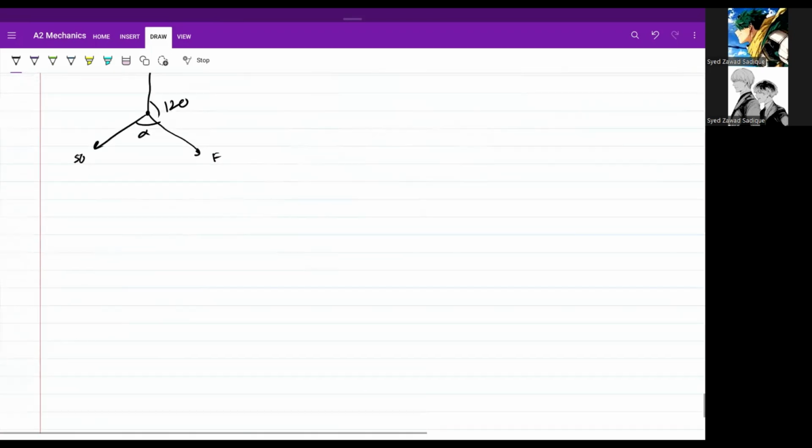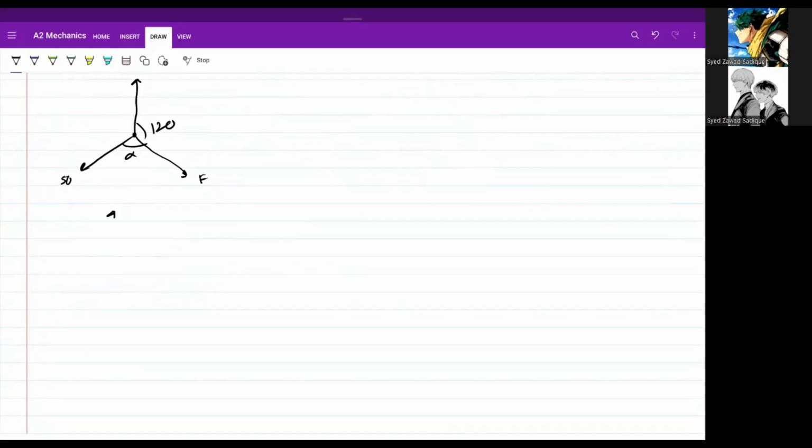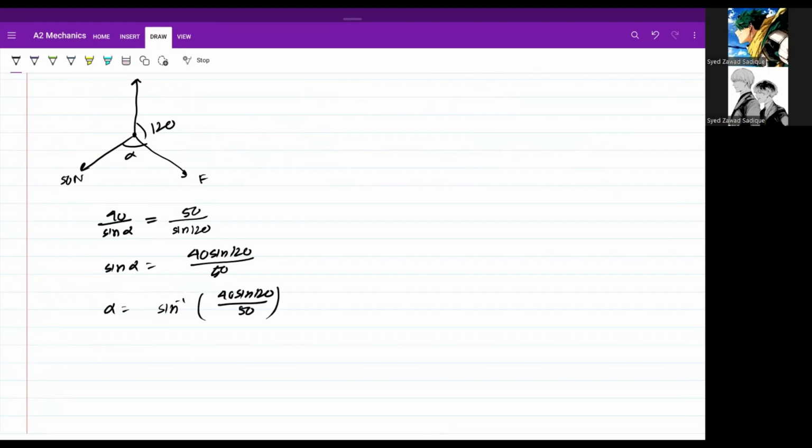What you can do is, to find alpha, write 40 by sine alpha equals 50 by sine 120. Actually, this is wrong. Sine alpha equals 40 sine 120 by 50. Alpha equals sine inverse of 40 sine 120 by 50. Right, that's that.